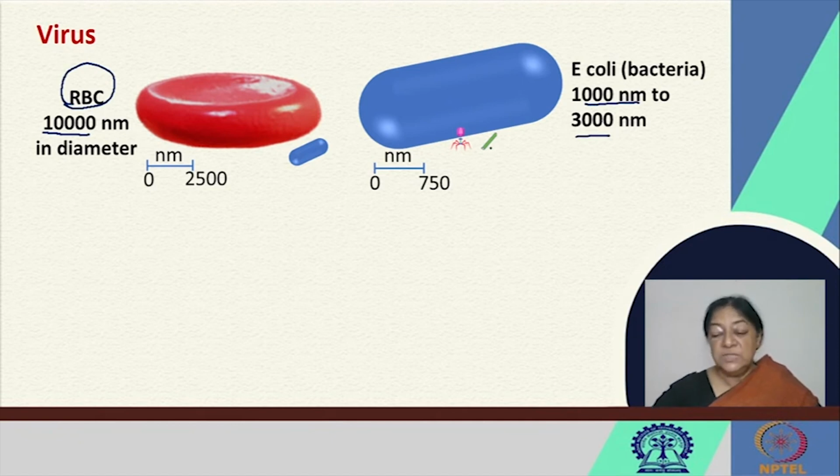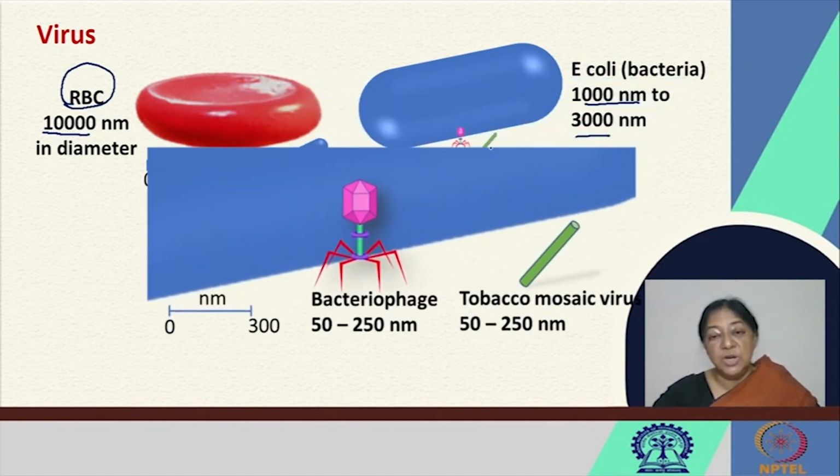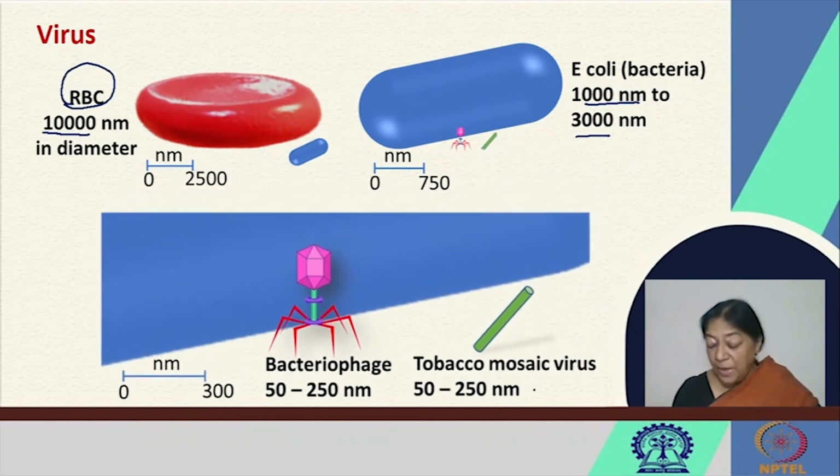Following this, we see another rod-shaped structure, the tobacco mosaic virus, that is 50 to 250 nanometer, and the bacteriophage, which is also 50 to 250 nanometer. So we look at these size ranges and we realize that these small particles, the viruses, can create a lot of havoc based on the way they take over the machinery of the host cells.